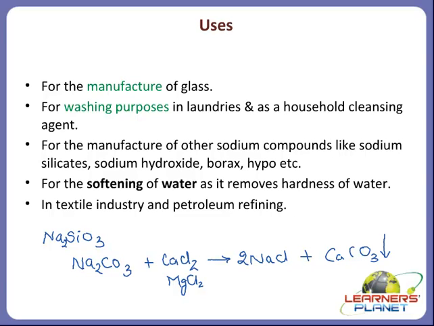But the permanent hardness, which is due to calcium chloride or magnesium chloride or their respective sulfates, cannot be removed by just boiling. So they are treated with sodium carbonate, where it forms salt and CaCO3. NaCl is of course soluble and calcium carbonate will settle down. Right? This is also used in the textile industry and petroleum refining.